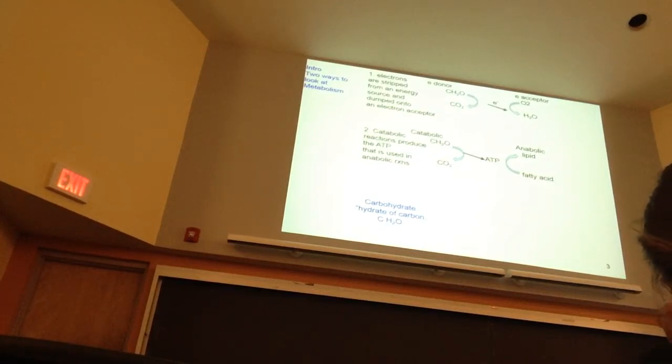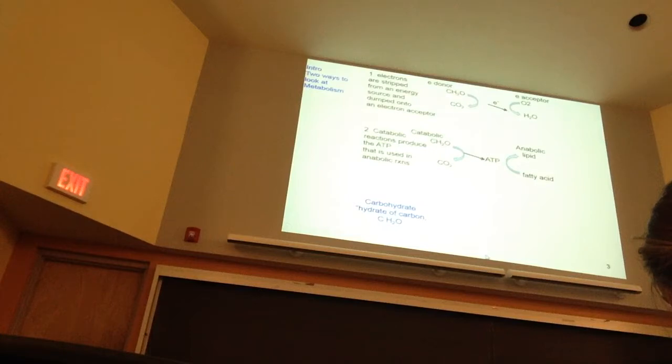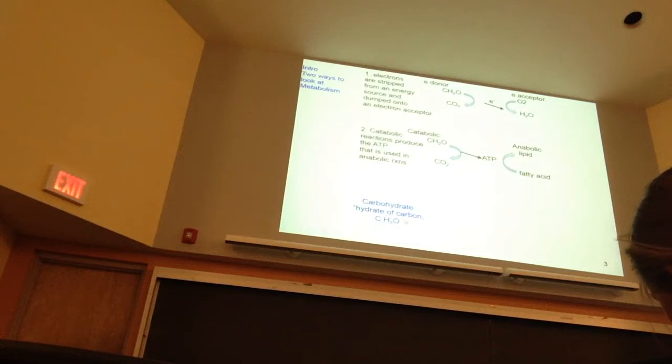Glucose, fructose, galactose, all of those sugars fit that formula, so it's kind of convenient. It's going to have some ratio like that. And then also, hydrate of carbon tells you, there's the H2O, hydrate of carbon. So these words help us, they're meaningful. They tell us what they are.